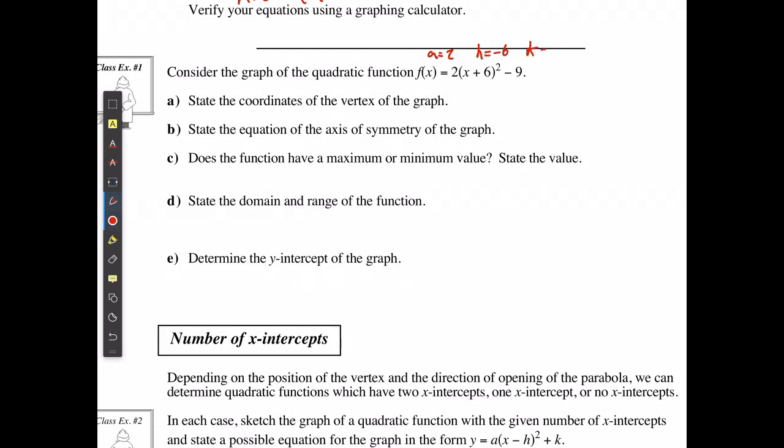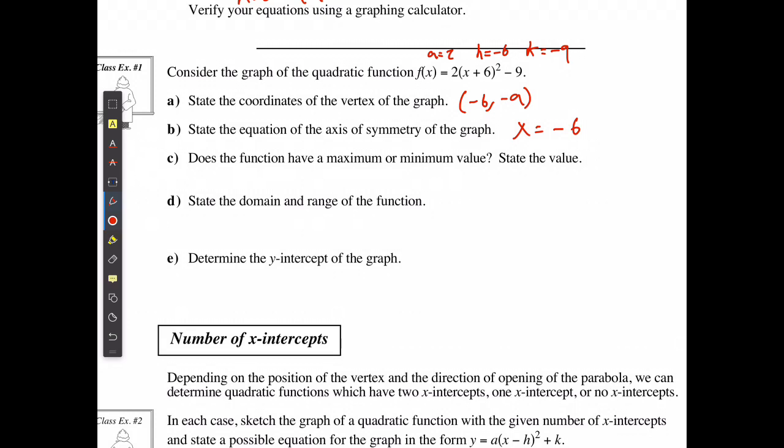And my k is equal to negative 9. If I state the coordinates of the vertex, well, it occurs at h and k, or negative 6 and negative 9. The equation for the axis of symmetry is going to be x is equal to the h value, or the x value at the vertex.